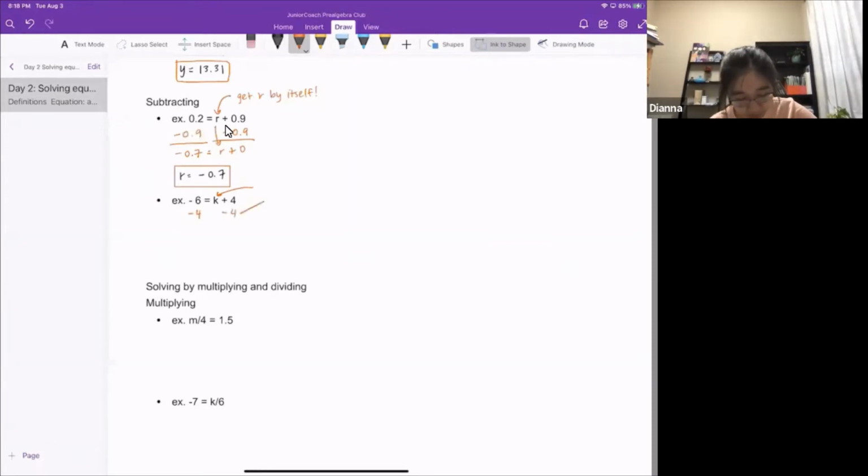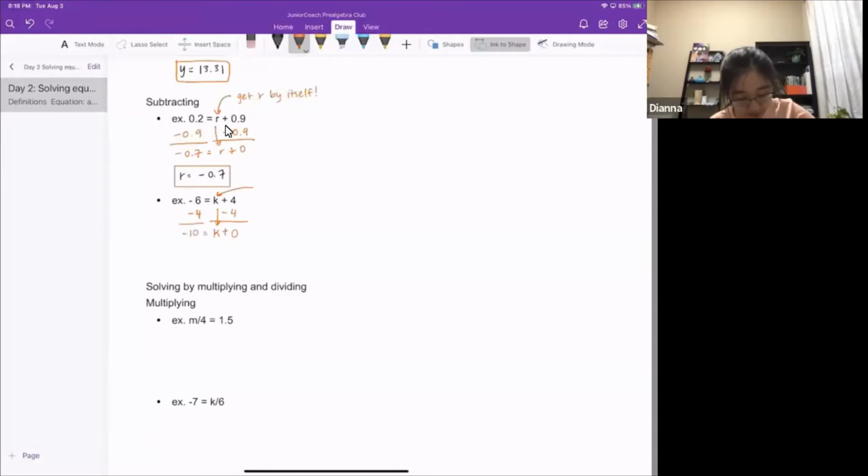Whatever I did to this side, I also have to do to the other side. So 4 minus 4 is 0. This k gets shifted down here. So if you did nothing to the letter, it just stays there. And then negative 6 minus 4 is going to give me negative 10, right?